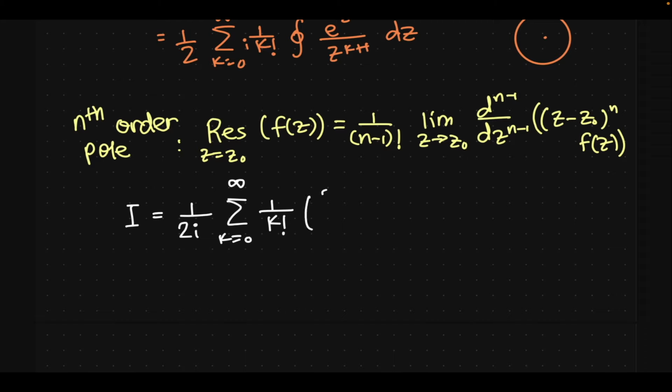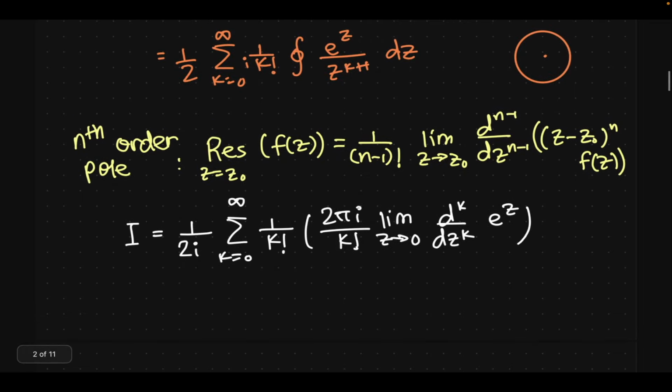But now we're going to have a 2 pi i from the residue theorem, over the k factorial from the formula that I have above, limit as z goes to 0 of the kth derivative of just e to the z, because the denominator will actually cancel out nicely.